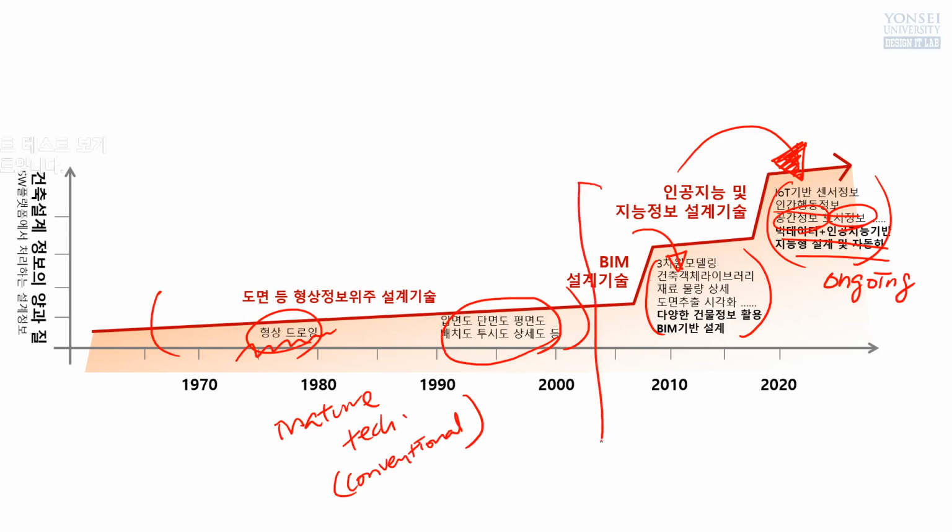And this part, this is so-called a little bit premature or mature, we can say mature techs, and current technologies, okay?